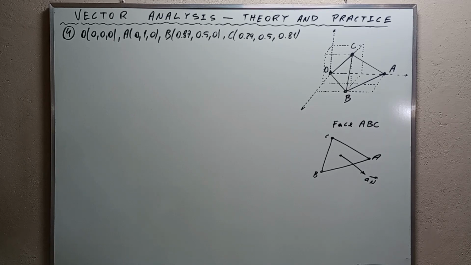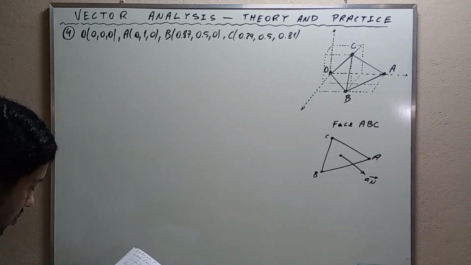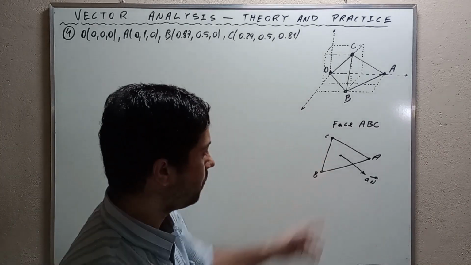You remember that the cross product produces a vector normal or perpendicular to the plane containing the other two vectors.